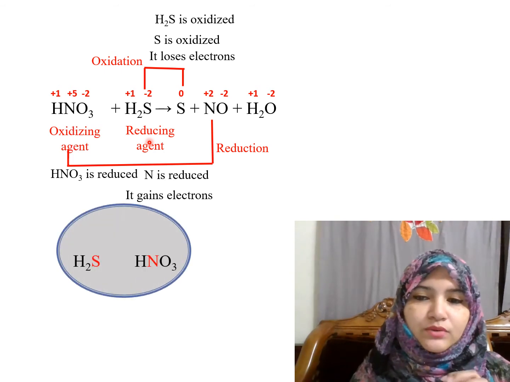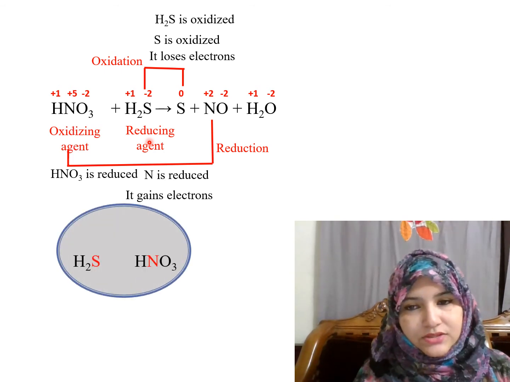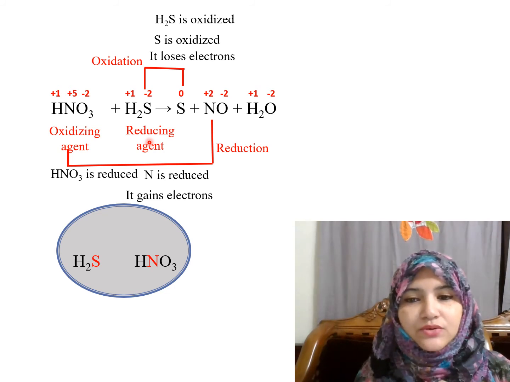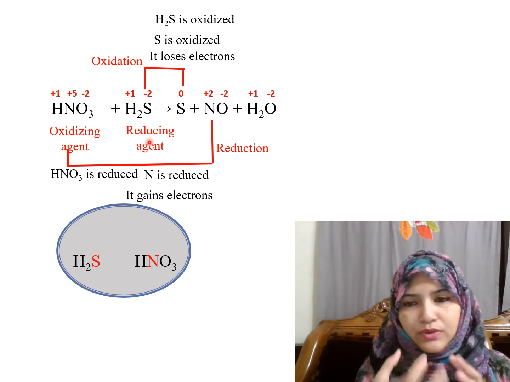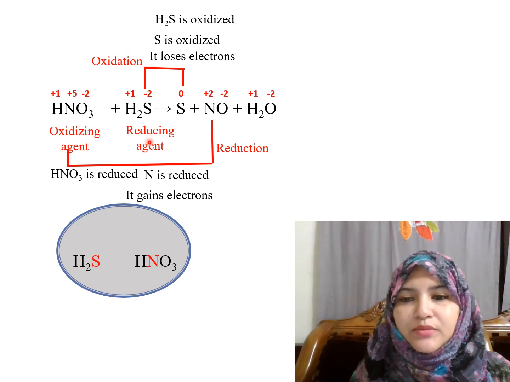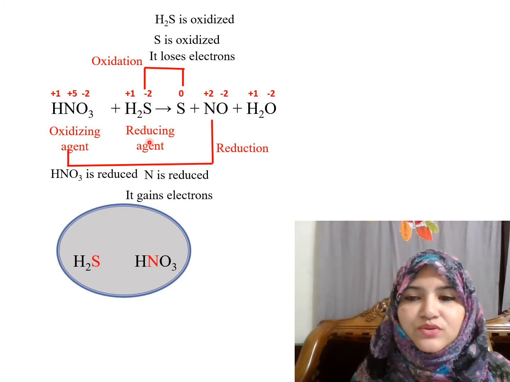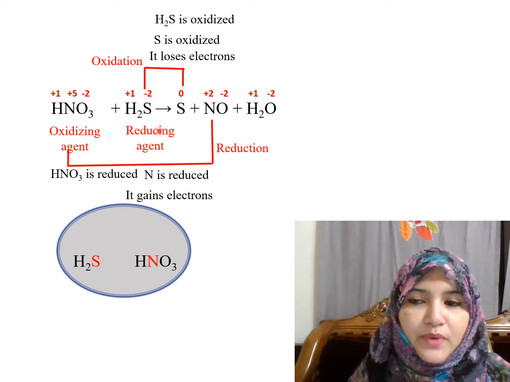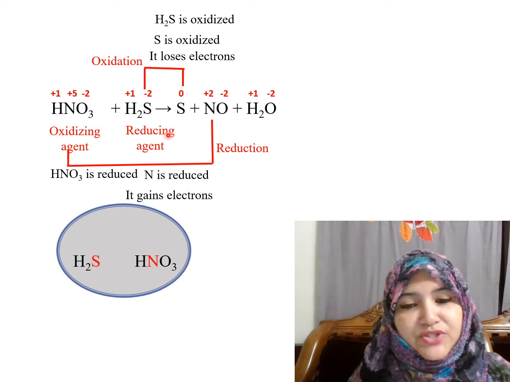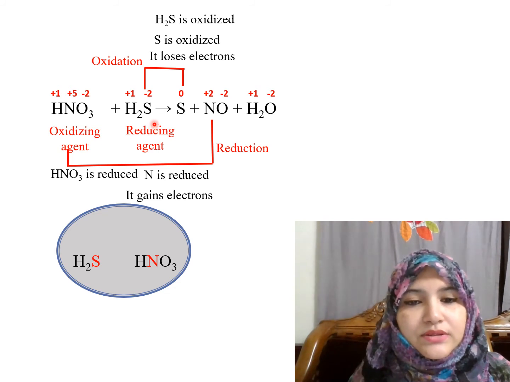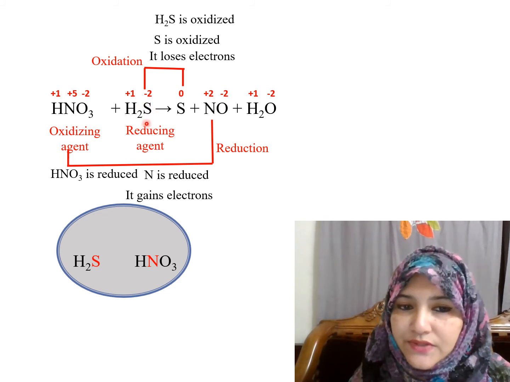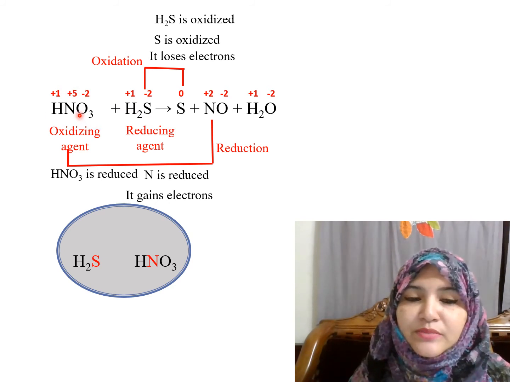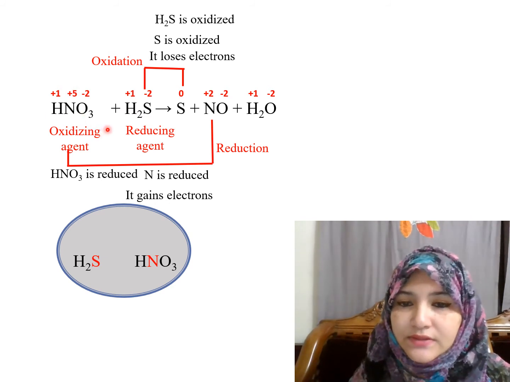Now we have to understand another thing. The atoms that are getting oxidized and reduced, we have already discussed, but I repeat it: they are part of compounds with other elements. Here sulfur is part of hydrogen sulfide, and nitrogen is part of the nitric acid compound.